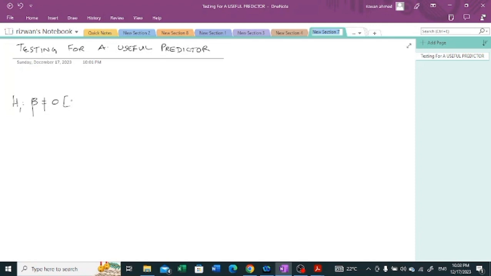And we can copy the statement of hypothesizing here as age is a useful predictor of peak heart rate.